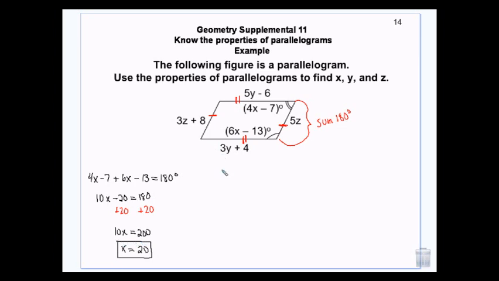And now I want to find y. Well, my y's, those two sides are congruent. So they are equal to each other. So subtract 3y from both sides. You get 2y minus 6 is equal to 4. Add 6 to both sides. 2y equals 10. So y equals 5.